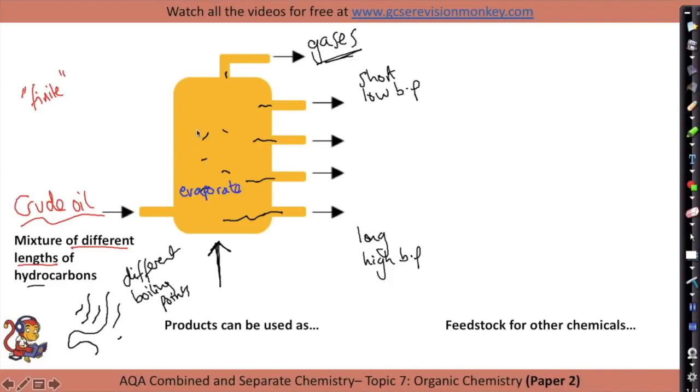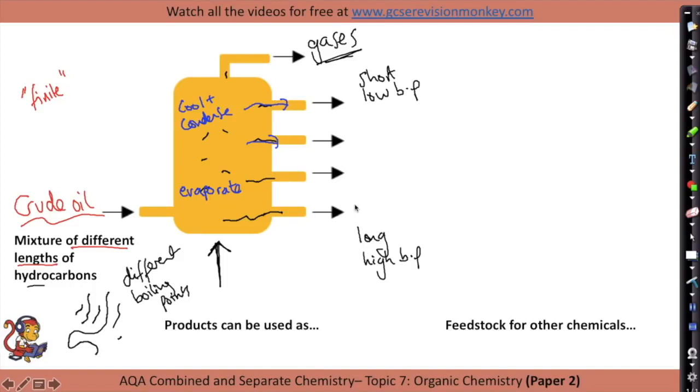When they rise up the tower, they will cool down and condense into a liquid. When they do that, they will run off at different points in the tower. So the short ones come at the top, and then the slightly longer ones will reach their boiling point. They will evaporate, rise up the chamber, cool and condense, and so on.